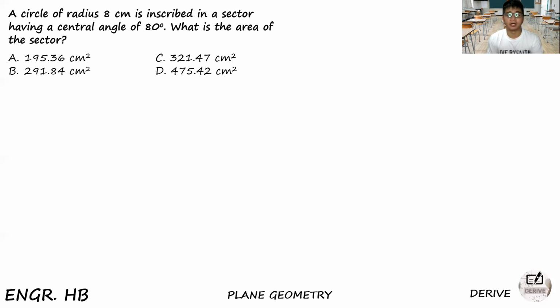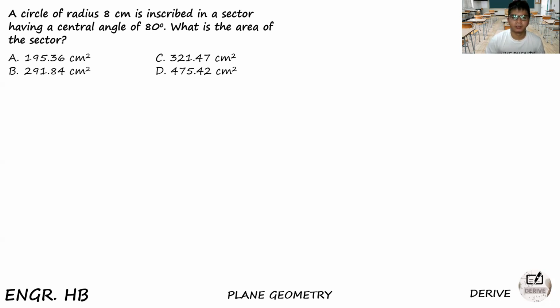So what is the area of the sector? So meron ditong specific details na given. So meron daw given na radius of 8 cm. So a circle of radius 8 cm ay naka-inscribe sa isang sector na may central angle of 80 degrees. So ang question is asking for the area of the sector.